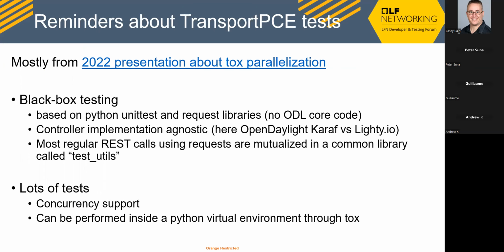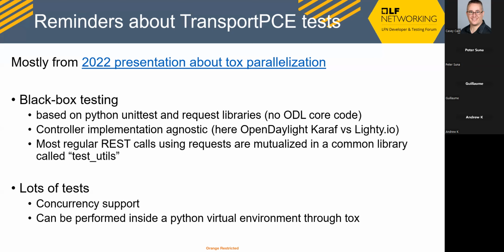They are currently based on Python, the unittest default framework, and also the requests library, which is very convenient for anything that needs HTTP requests. There is no OpenDaylight code inside it, which is a good way to test the OpenDaylight implementation. So as I said, this is controller implementation agnostic.